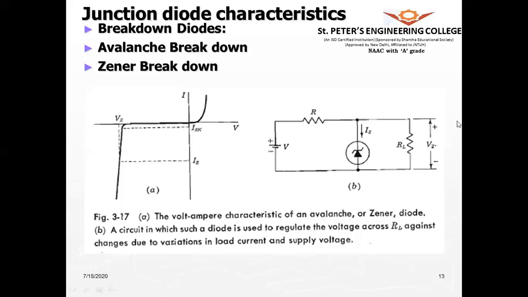So the current varies in the diode as well as in the RL, that is the load resistance, so that a constant voltage is maintained at the output. So this is the output here. This we call a stabilizer, or more a regulator. It will regulate, control, and give you a constant output.